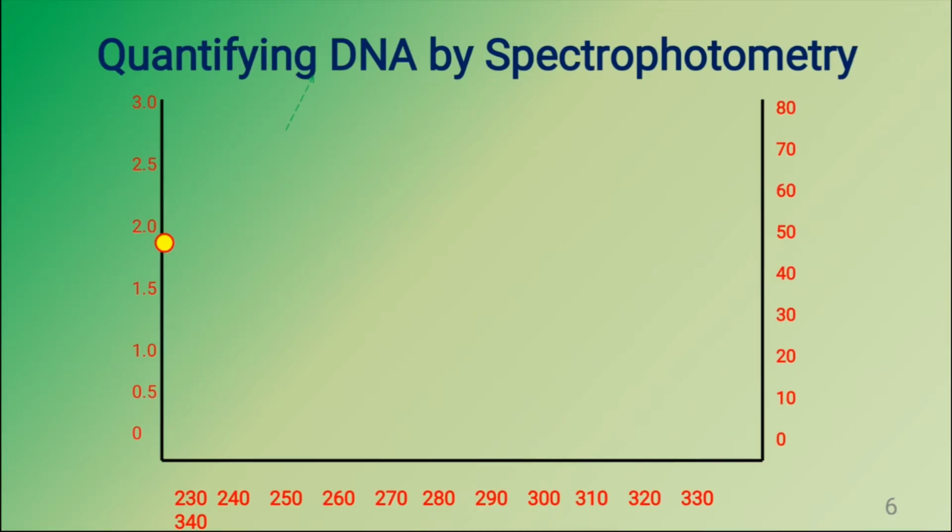Generally, the nucleic acids, including DNA or RNA, absorb the ultraviolet light at a wavelength of 260 nanometer, and we know 200 to 400 nanometer lights are ultraviolet wavelengths.